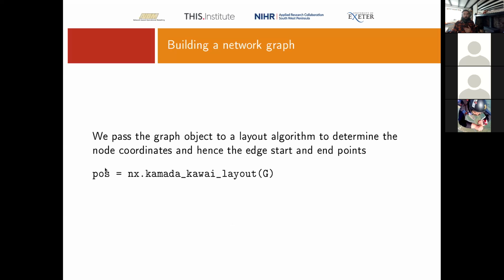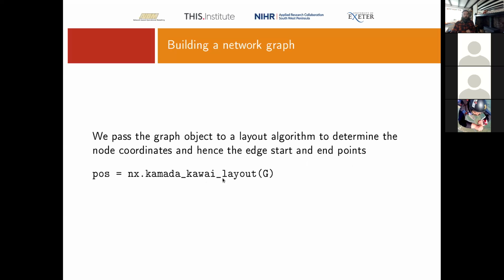So what we're going to do is assign to the variable pos nx.kamada_kawai_layout, and the input argument to that function is our graph object. It will go through and assign each node a position on a Cartesian coordinate system, so on an XY graph, and assign where each node should go.